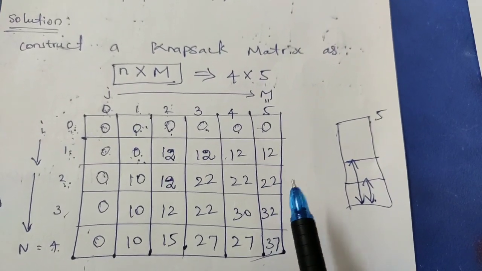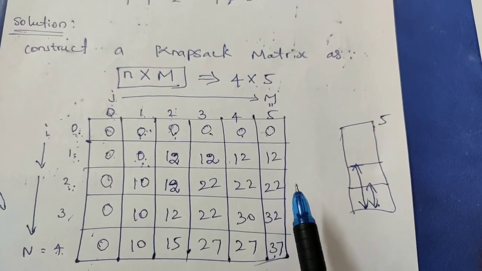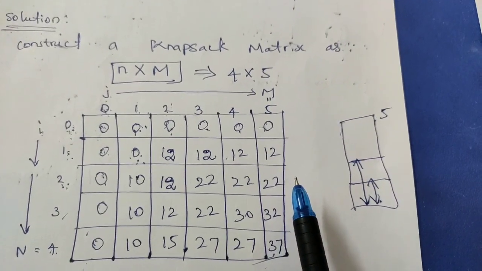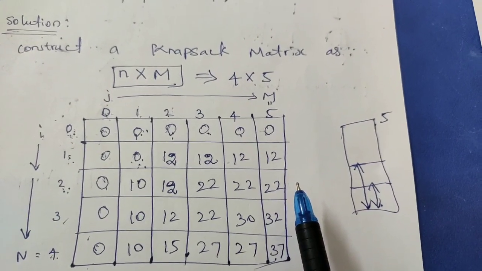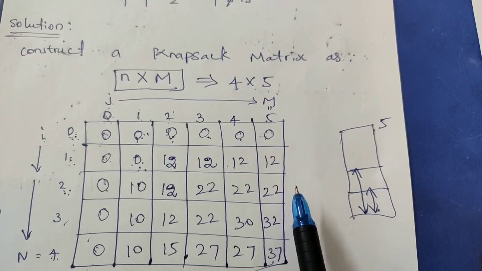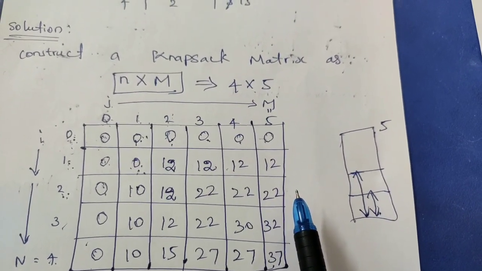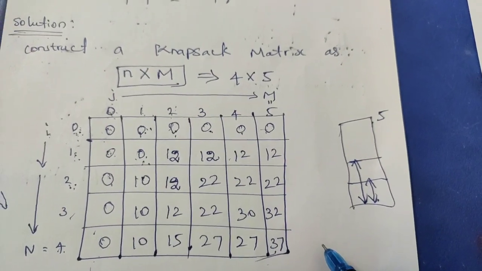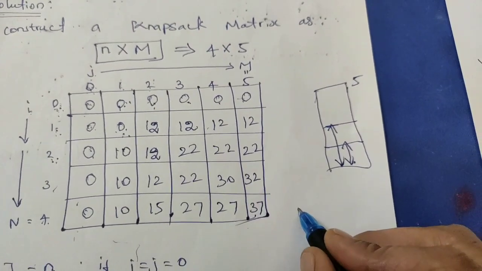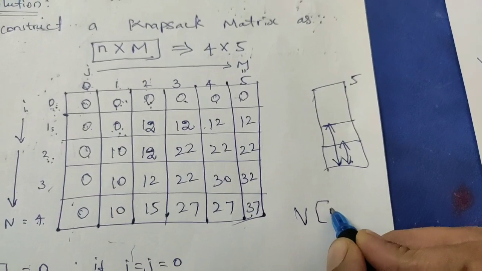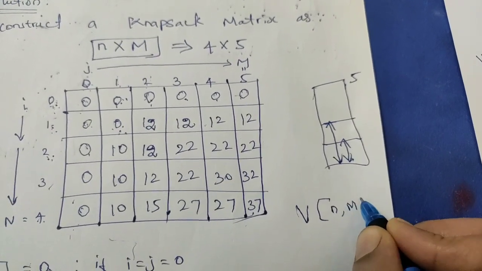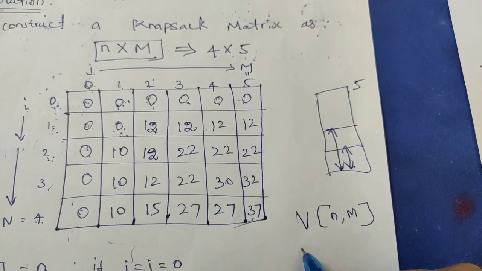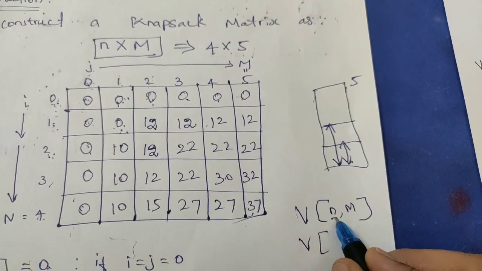Now after constructing the knapsack matrix, you need to find out the maximum profit earned. The maximum profit will always be in the location V of n, m. What is the n value?